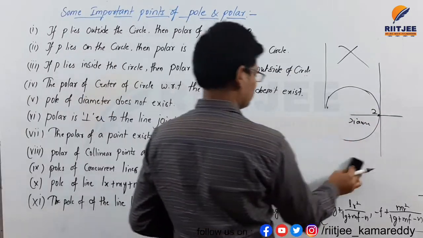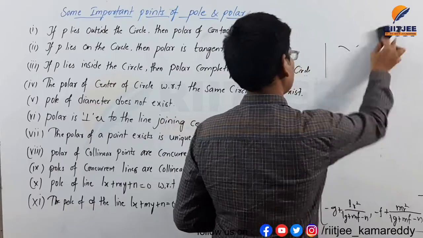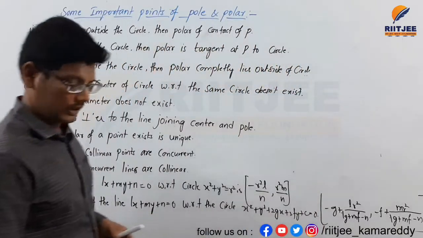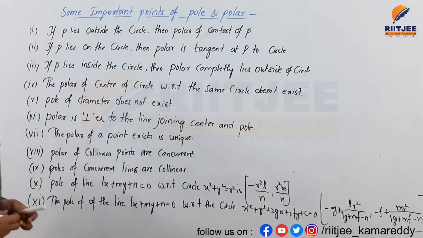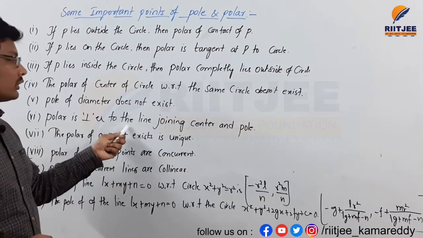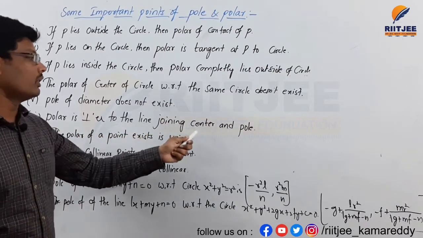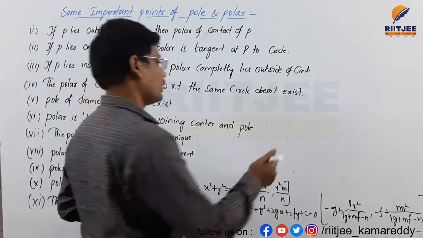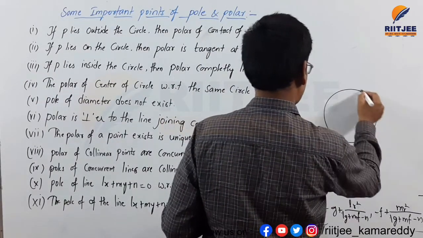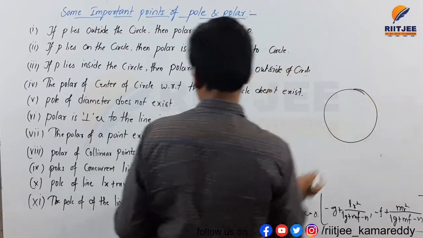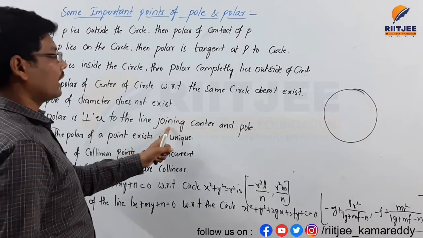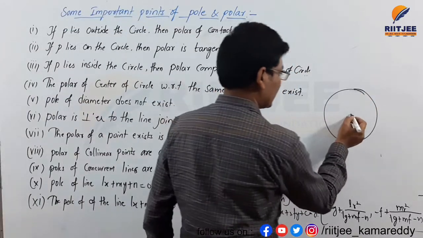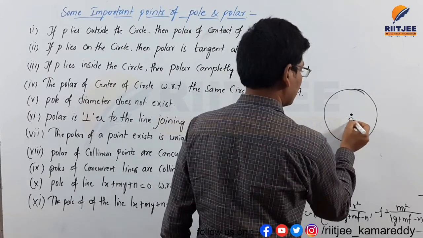And the next one: polar is perpendicular to the line joining the center and pole.